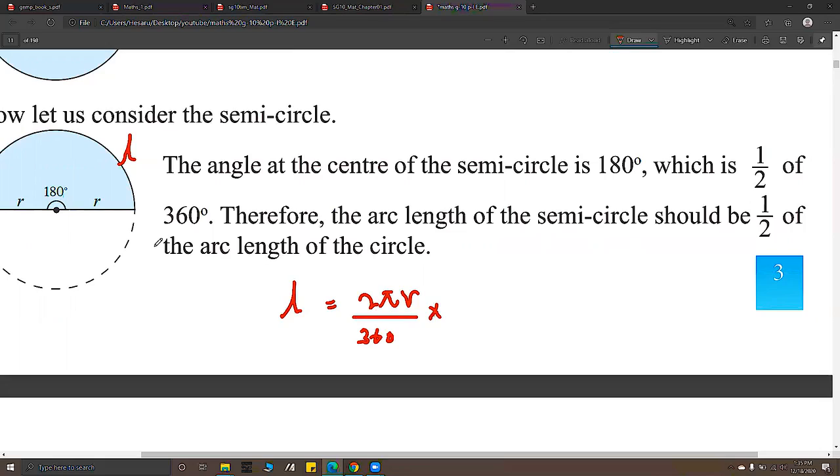And what we need is for 180 degrees, so we multiply it by 180. You will get 2 pi r times half, which means pi r.